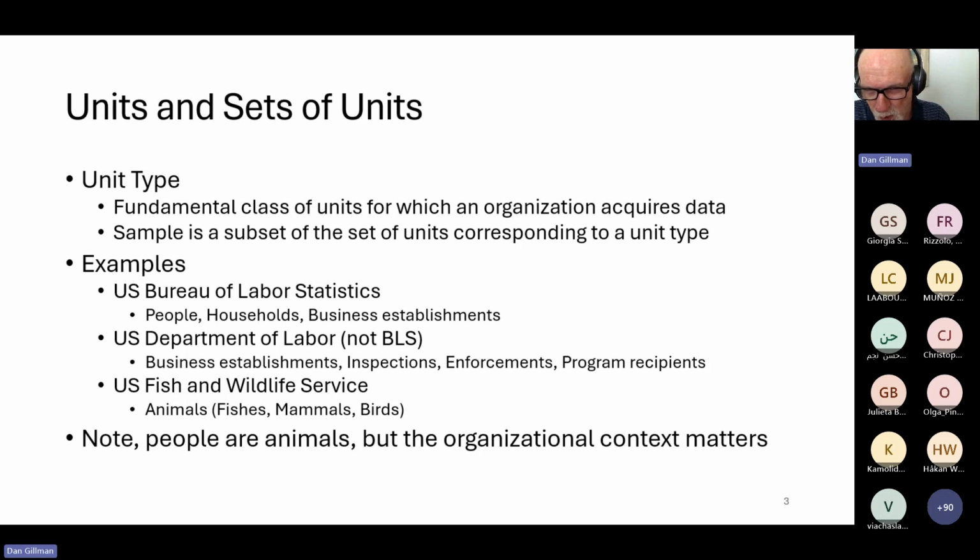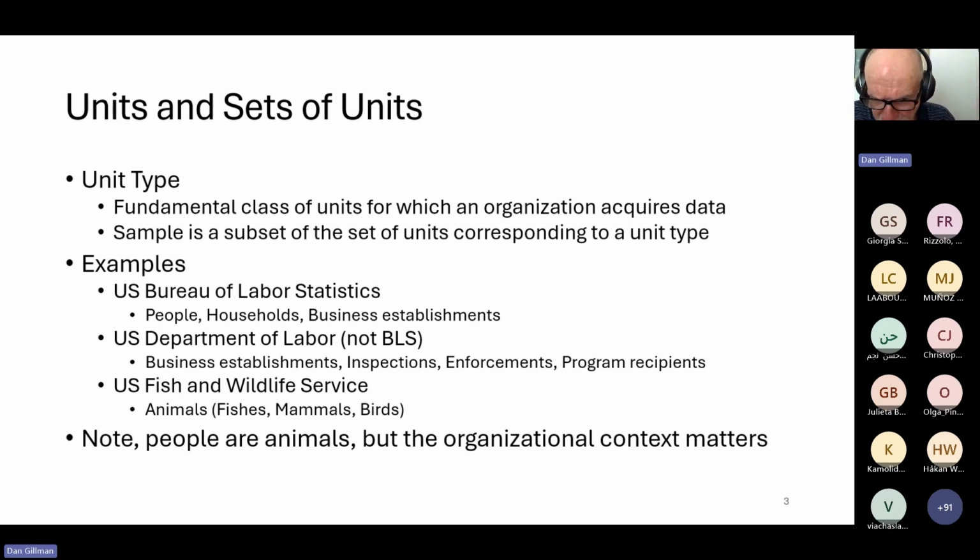Some examples in the US at the US Bureau of Labor Statistics, the basic unit types are people, households, and business establishments. At the US Department of Labor, BLS is an agency, but outside of BLS, they talk about business establishments and inspections of businesses and enforcements and program recipients.